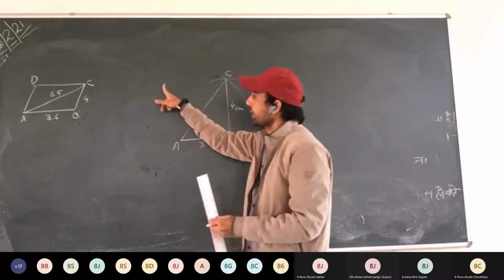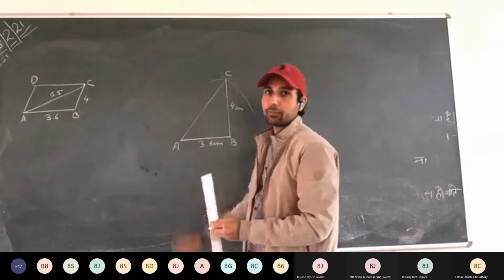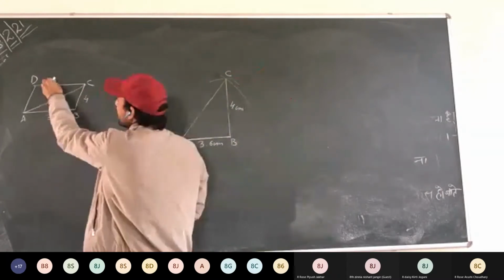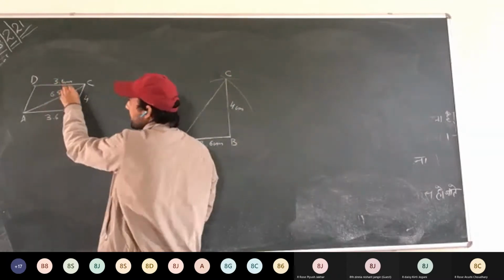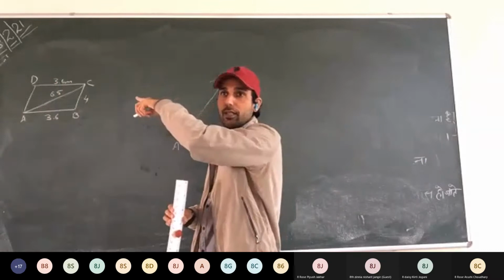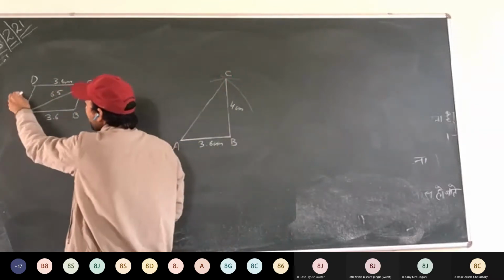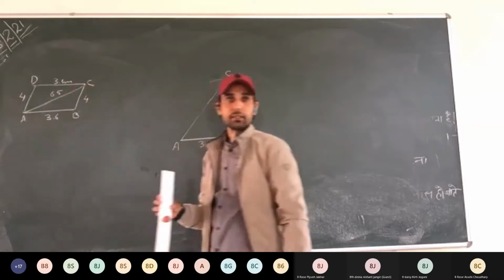Now D. D is how far from C? 3.6 centimeters. Opposite sides are equal. So D is how far from C? 3.6. How far from A? 4 centimeters.